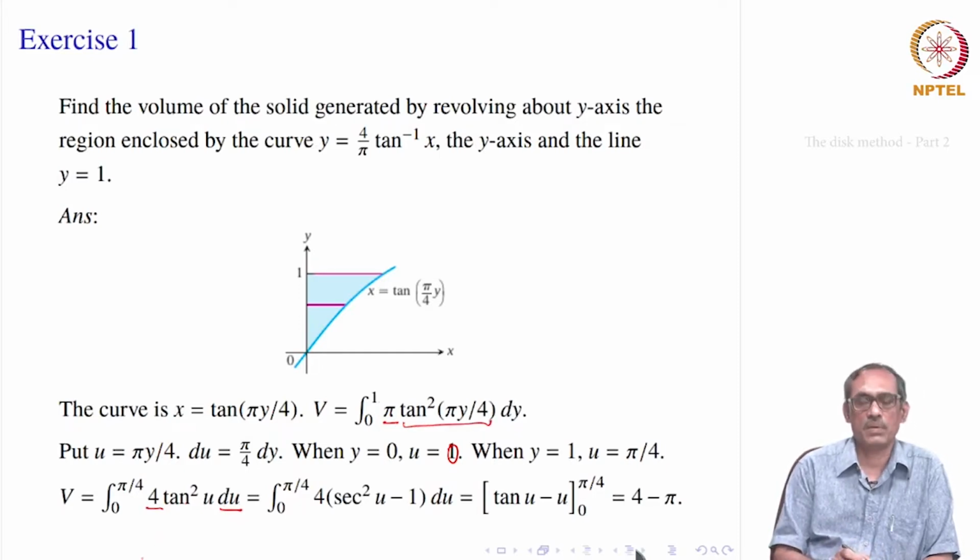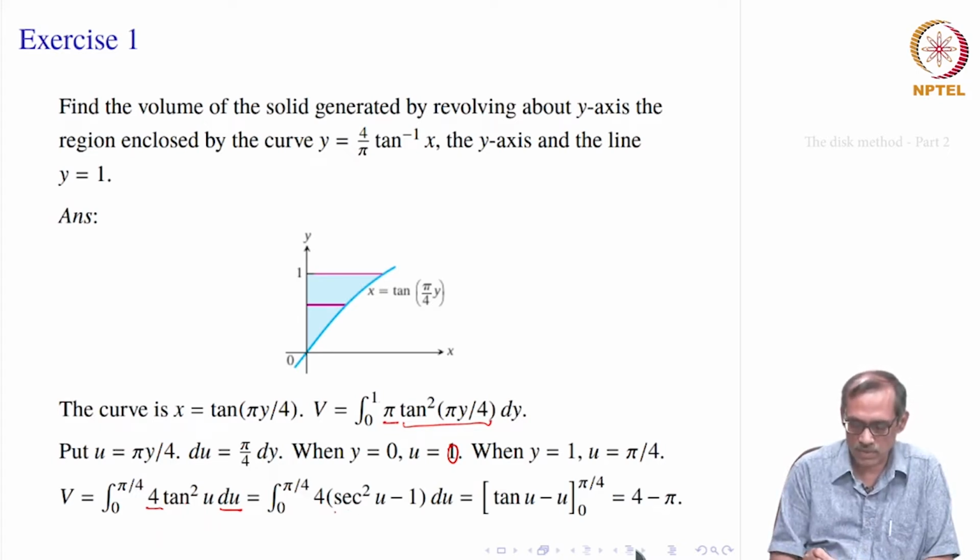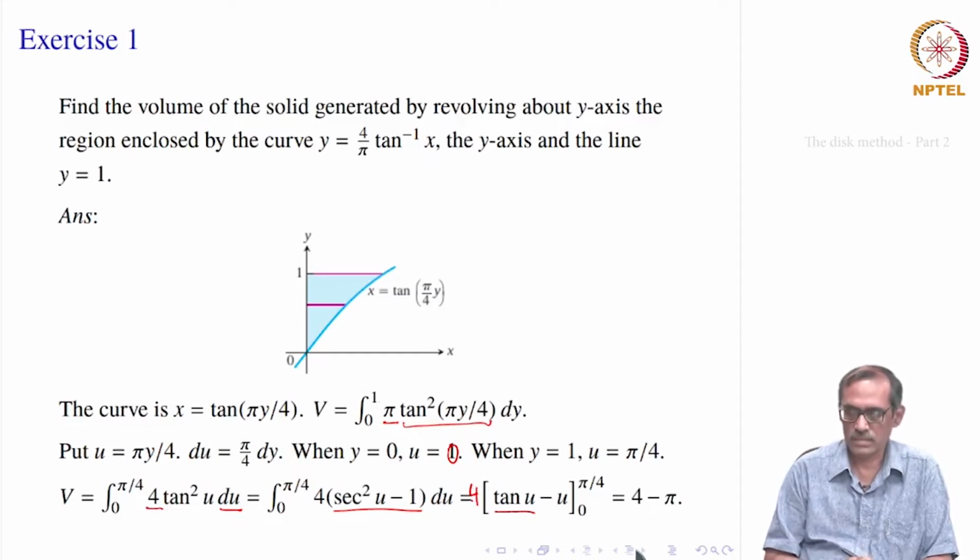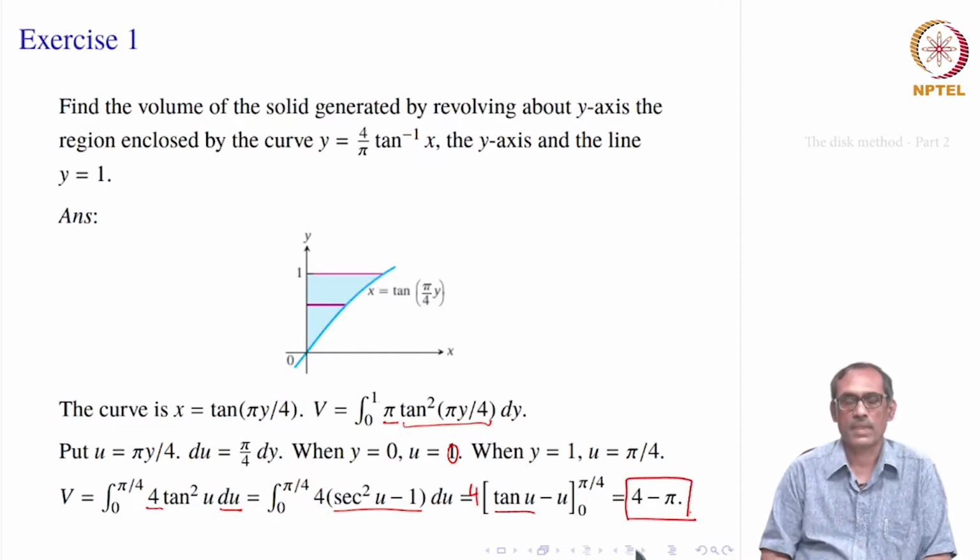So, our volume is the integral from 0 to pi by 4 of 4 times tan square u du, which is 4 times (secant square u minus 1) du. We just rewrite tan square u as secant square u minus 1, because we know the integral of secant square is tan. That gives you tan u for secant square u, and 1 becomes u, from 0 to pi by 4. So, you have a 4 here, that constant, and that when simplified gives you 4 minus pi. Fine.